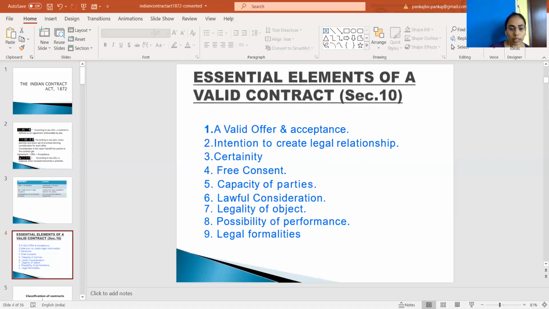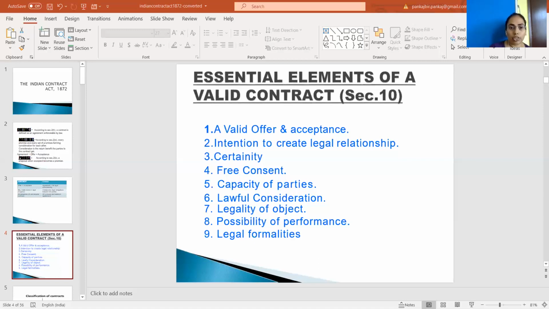So you could say that a valid offer and acceptance, or an agreement, is the main essential of a contract. And it is also clear from the point of a valid agreement that there must be two or more parties involved. So one cannot make a contract with himself only. There must be two or more persons involved in a contract.